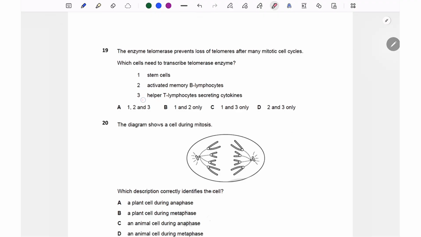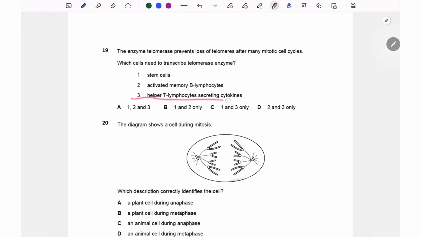3, helper T lymphocytes secreting cytokines. Now this is going to be slightly different from the previous case because these are helper T lymphocytes that are secreting cytokines. This is already differentiated, so it's not going to be dividing because it's already differentiated and performing its functions.